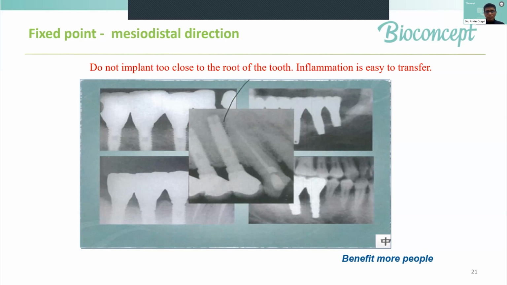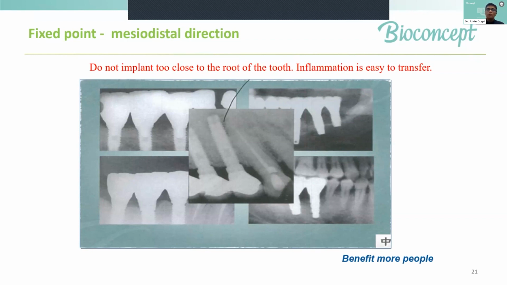But if you end up violating the PDL space of the adjacent tooth, then that can lead to flare-ups on the tooth, and the patient will come back with a lot of pain, and you might have to do an intentional root canal, and hopefully that settles the pain. Otherwise, you might even end up removing the tooth.